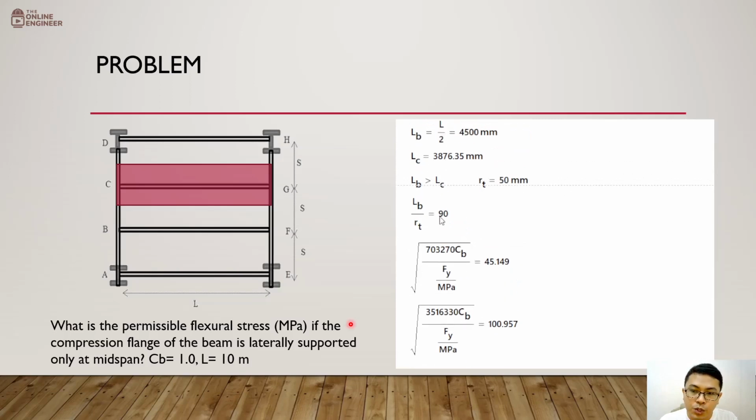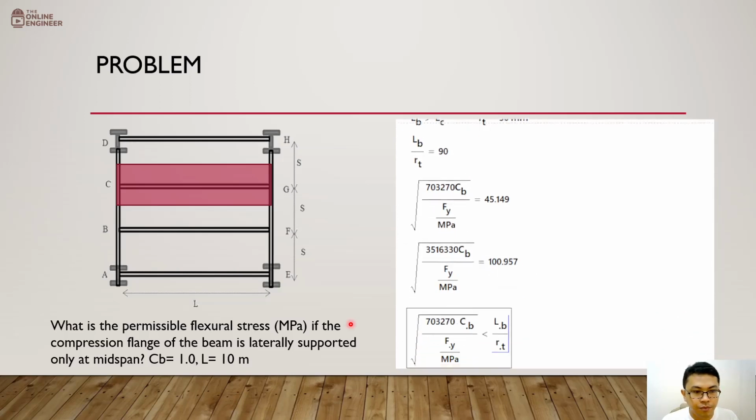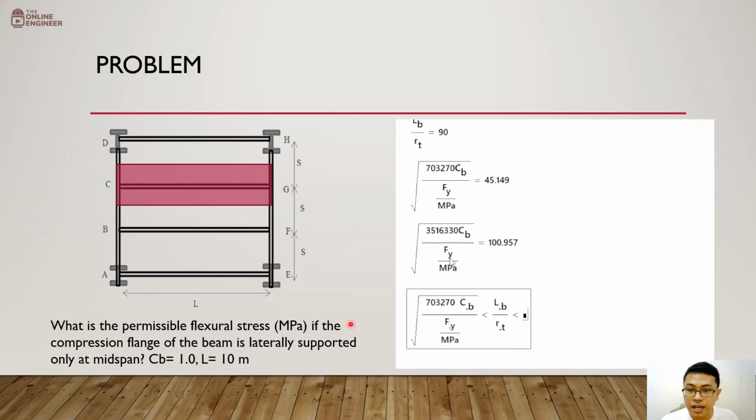So if we're going to make our comparison, look at the values. L over RT is 90. First limit is 45. Upper limit is 100. So it looks like this: the first limit is less than L over RT, and then less than the upper limit, the square root of 3516,330. So we fall under this condition.